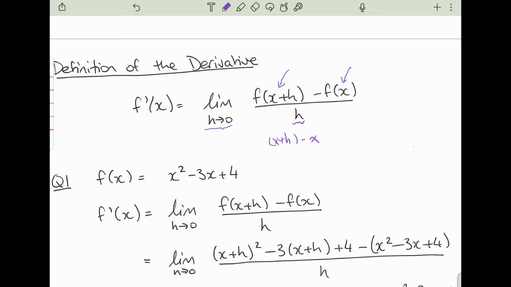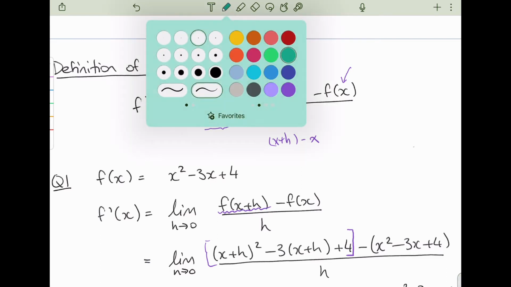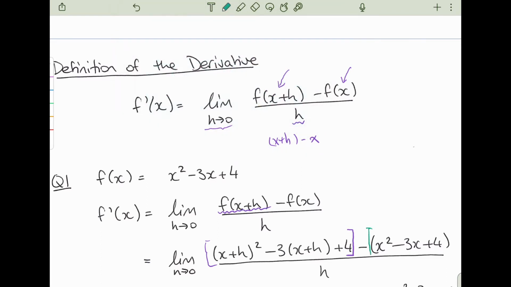So this thing here is f of x plus h. And the second thing here, this green thing, is f of x. After plugging in, the rest of the stuff is just purely limit computation.